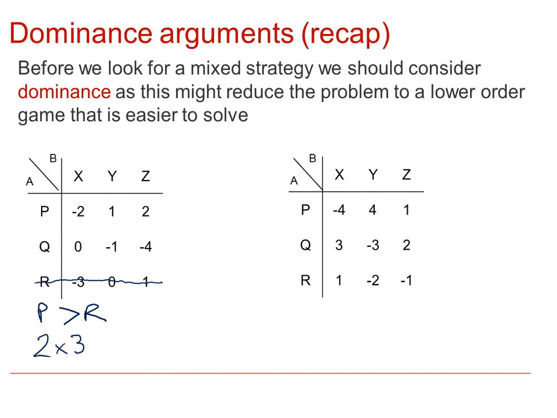On the right hand side, if we compare the rows, no row dominates another, and the same with the columns. Hence, in this particular example, we cannot reduce.